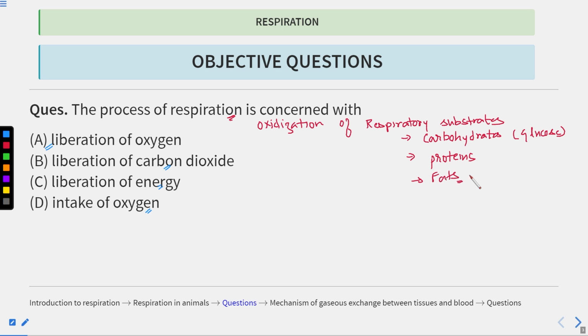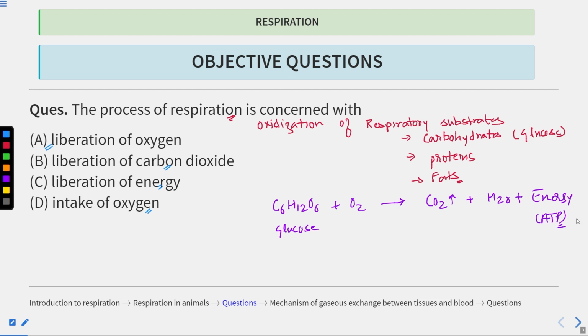Now, what is the equation for respiration? It is C6H12O6, which is glucose. This glucose is oxidized, and this process is known as oxidation. Carbon dioxide is produced, water is also produced, and energy is liberated in the form of ATP.